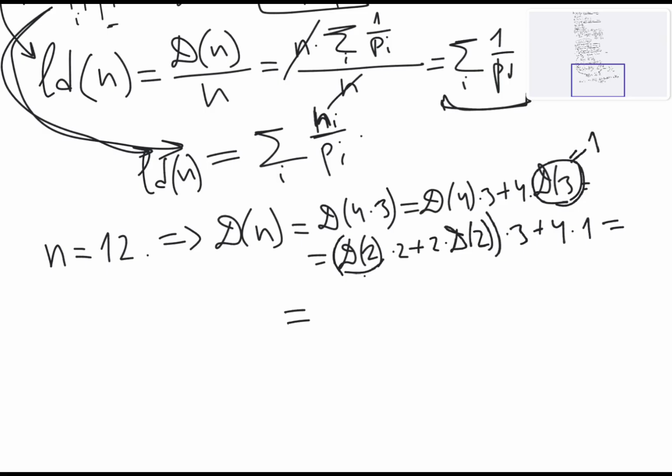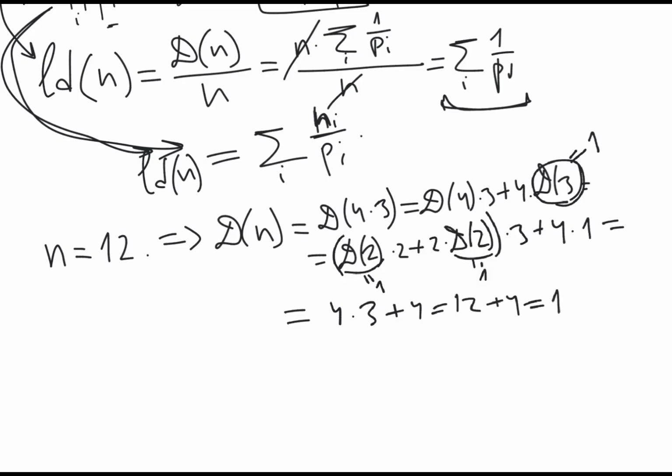And d of 2 is also 1. So in total we have 2 plus 2, so this is 4 by 3 plus 4, so this is equal to 12 plus 4, this is equal to 16. So the arithmetic derivative of 12 is 16.